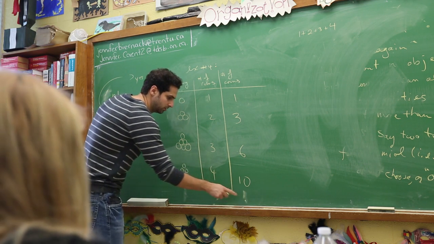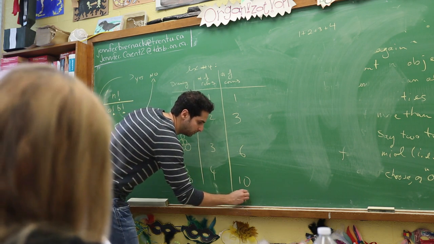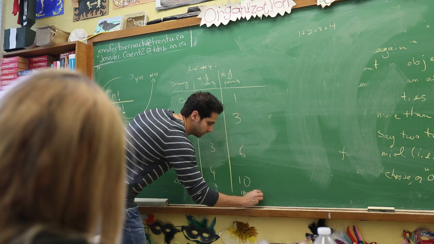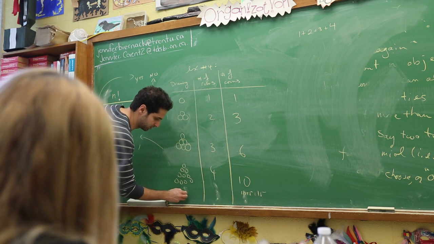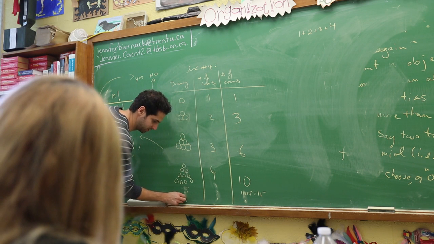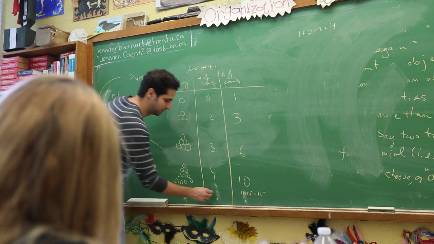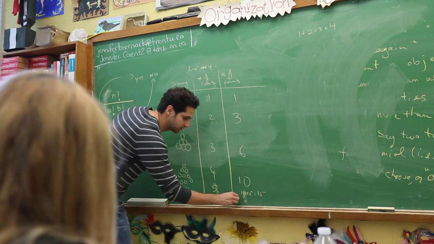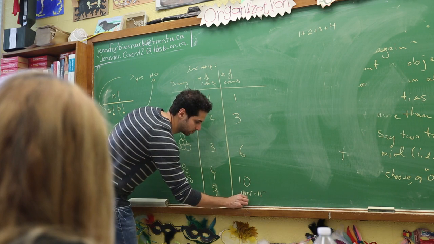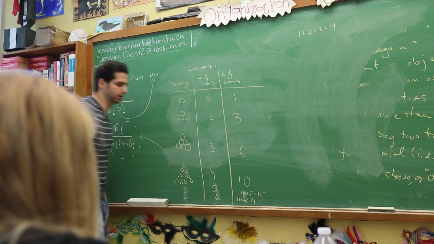So this is 10 plus 5, which is 15. And next, plus 6, so 15 plus 6 is 21.